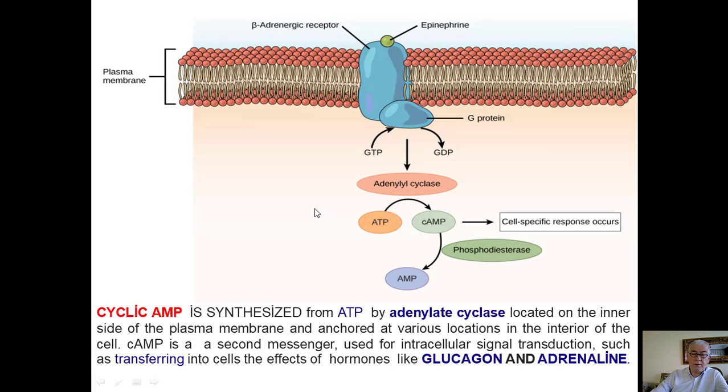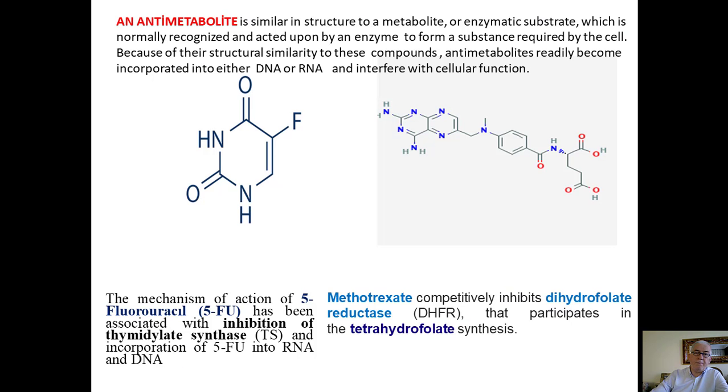These molecules have many important roles in hormone metabolism.